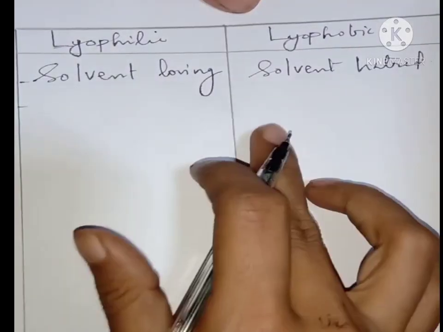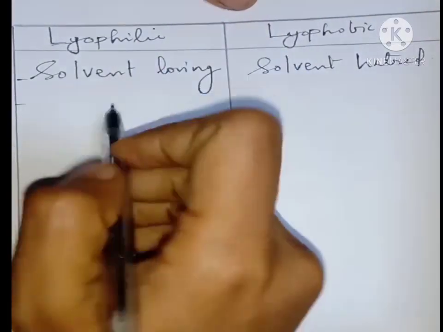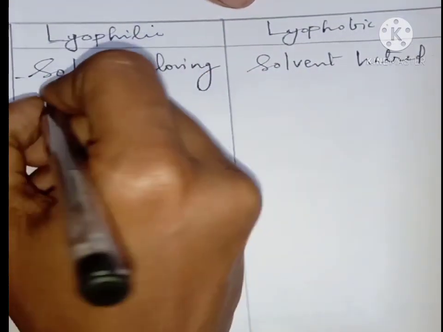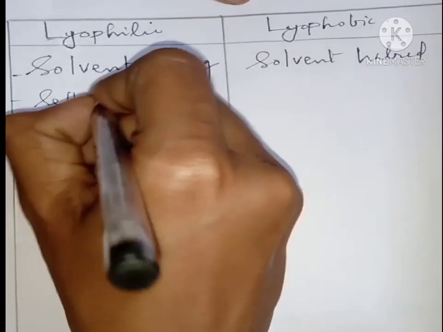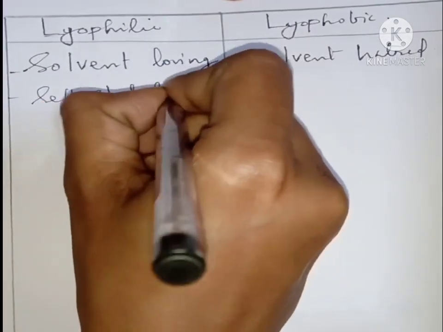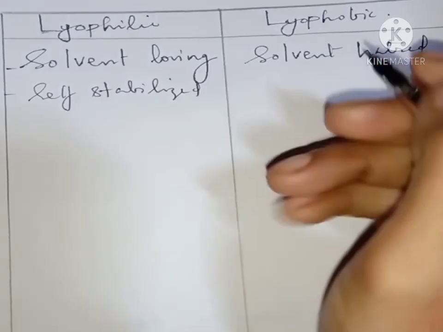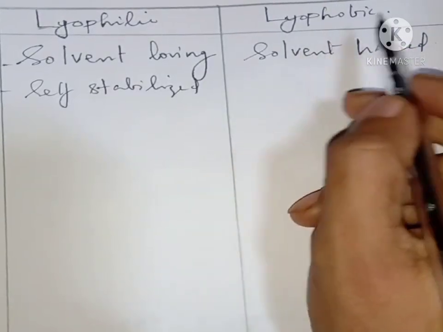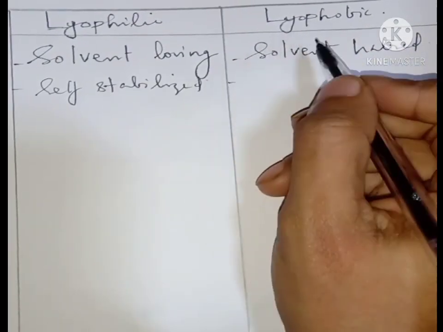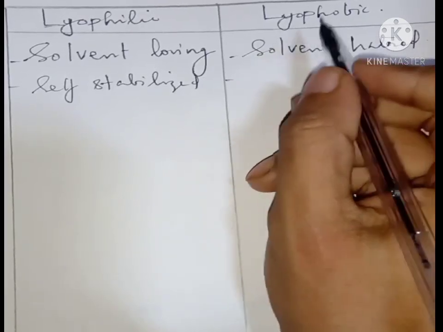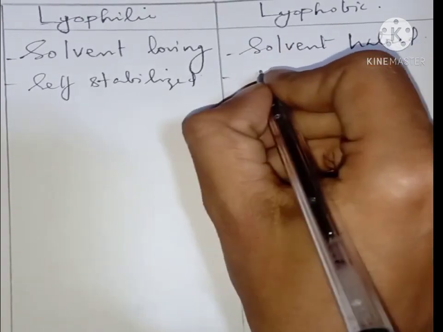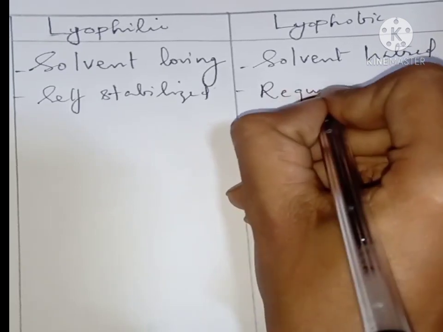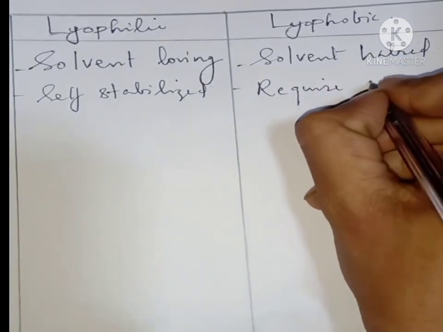Since the lyophilic is solvent loving, it is self-stabilized. But in the case of lyophobic, it is solvent hating. So we require an additional stabilizer to stabilize lyophobic colloids.